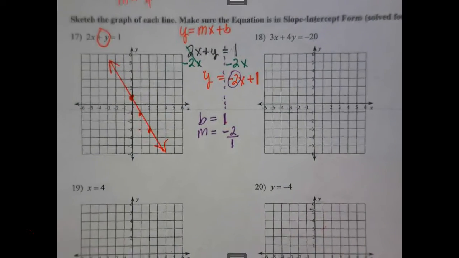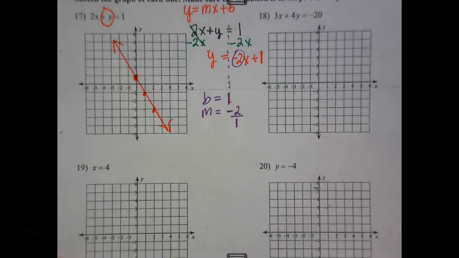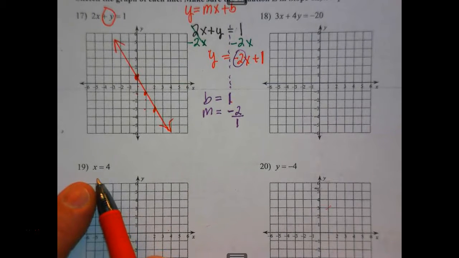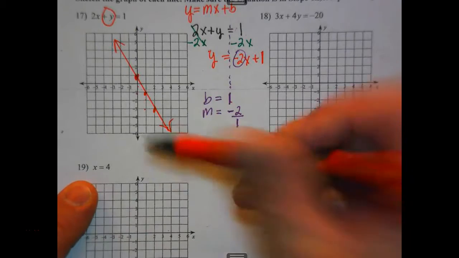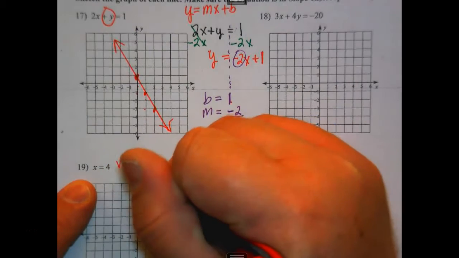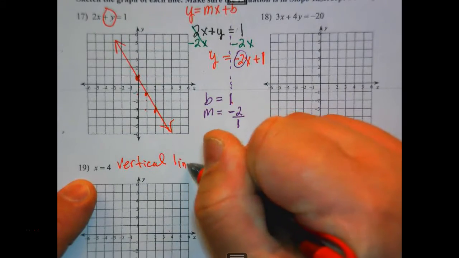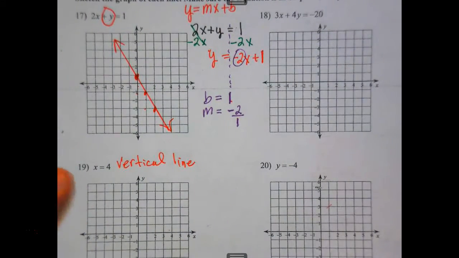Numbers 19 and 20. I have x equals 4 and y equals -4. These are going to be special lines. Because x equals 4 doesn't even make sense in y equals mx plus b, does it? This is going to be a vertical line. And it's just something that's easy to remember.